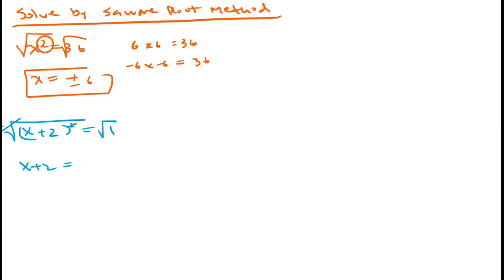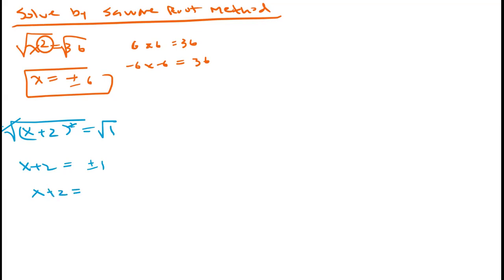And what do we get for the right side? What's that going to be? Again, is it just 1? Plus and minus 1, right? So again, be careful with that. We're going to have two separate equations, with plus and minus 1. Again, this is a common mistake students make.